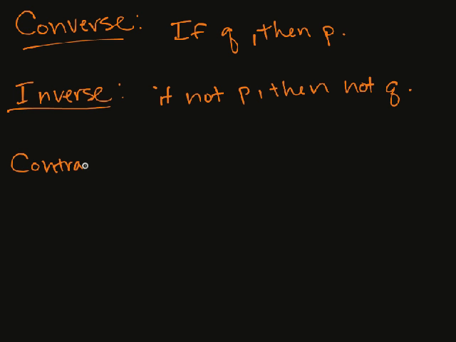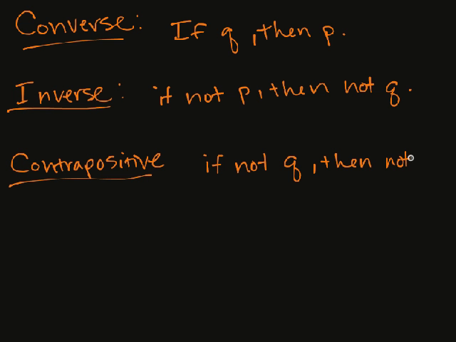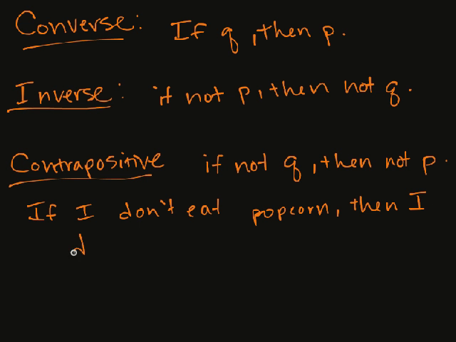The contrapositive, however, is logically equivalent to the original. It's if not Q, then not P. So let's think about what this says. If I don't eat popcorn, then, maybe I could say, if I didn't, then I didn't go to the movies.